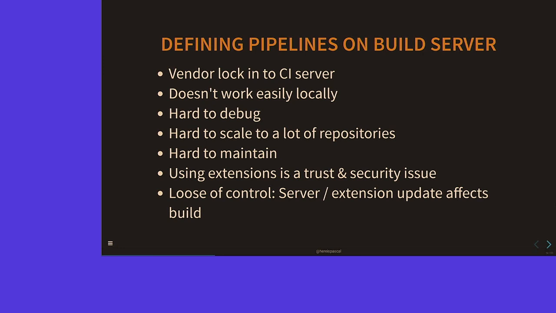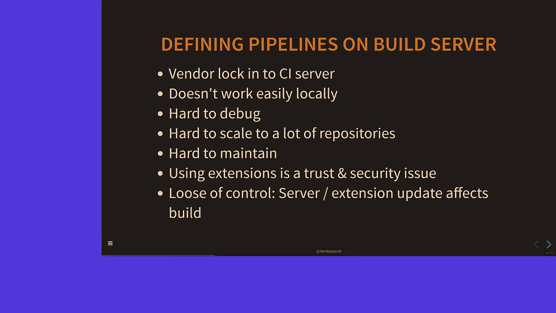Build servers have a nice clickety-click UI where you can put your build pipeline together fairly quickly, which can be perfectly fine in certain situations, but in other situations this can lead to issues.